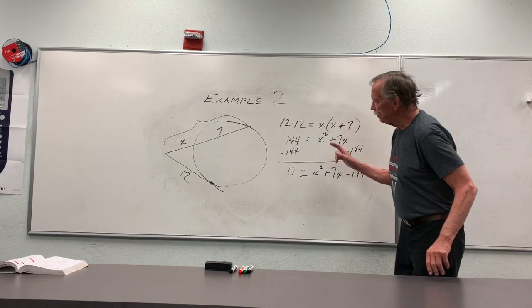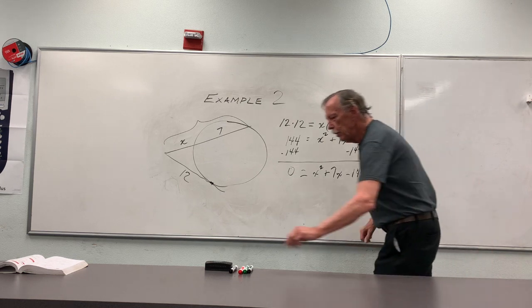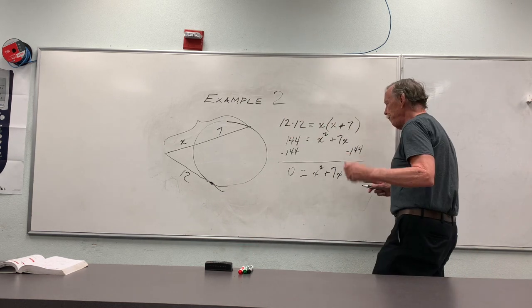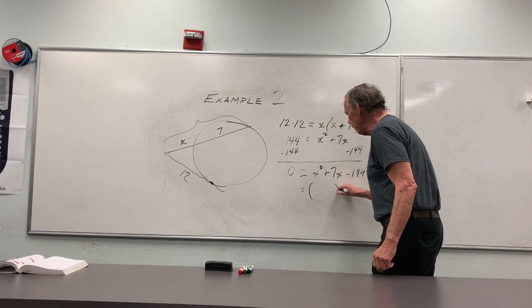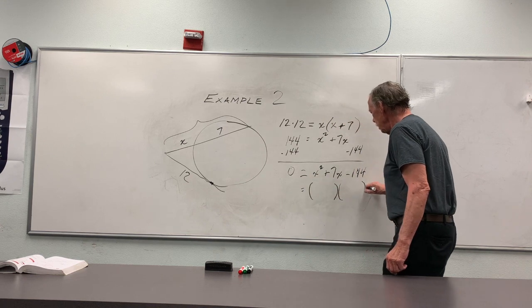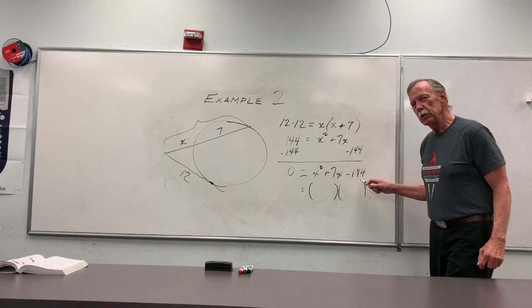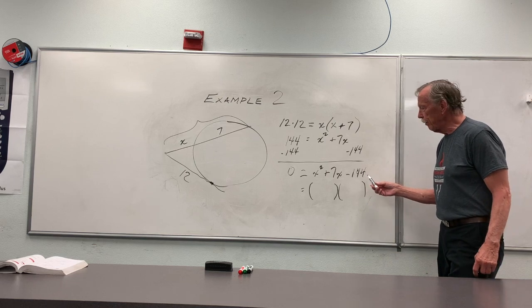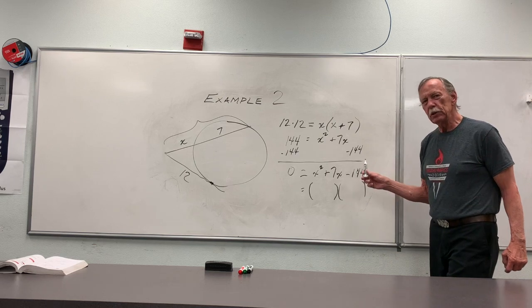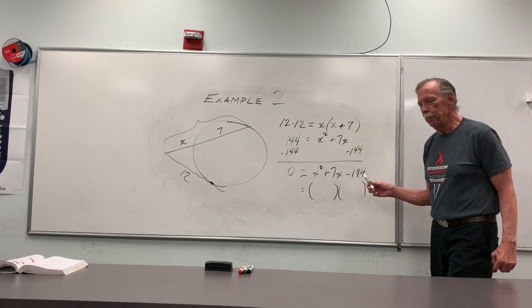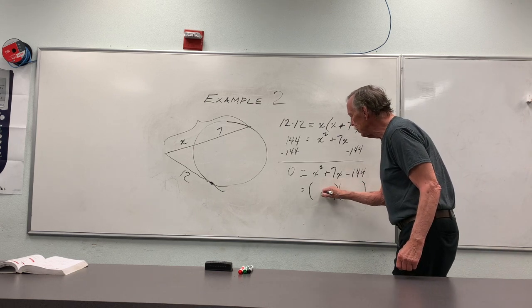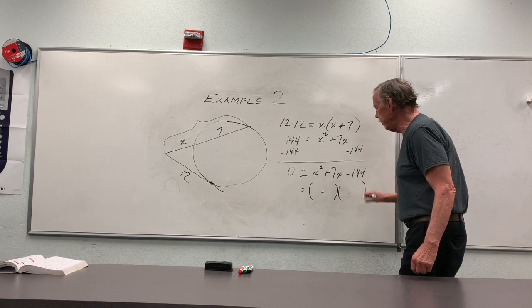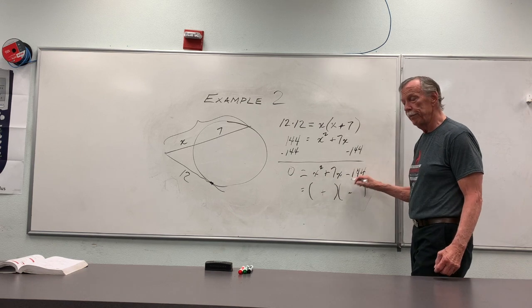To solve this quadratic, we're going to first look for factors before we go to the quadratic formula. We need two numbers that multiply to 144 and subtract to 7. I know the signs are different because the product is negative 144.